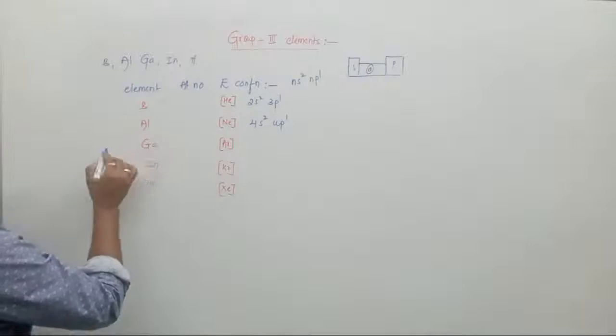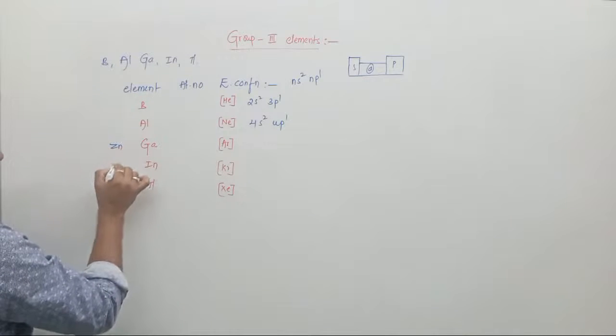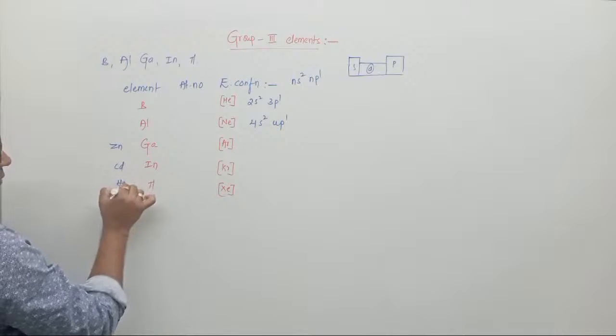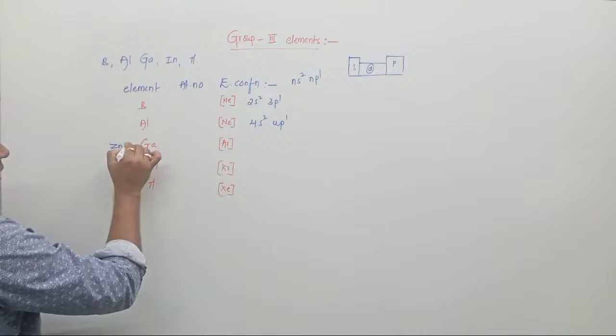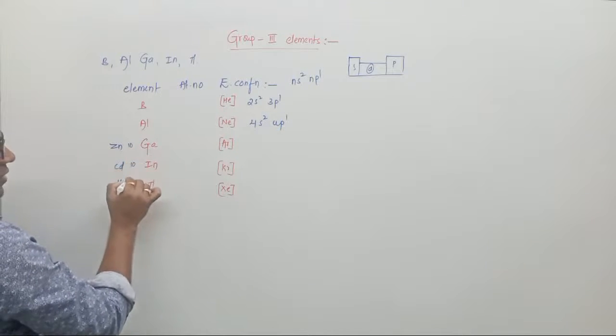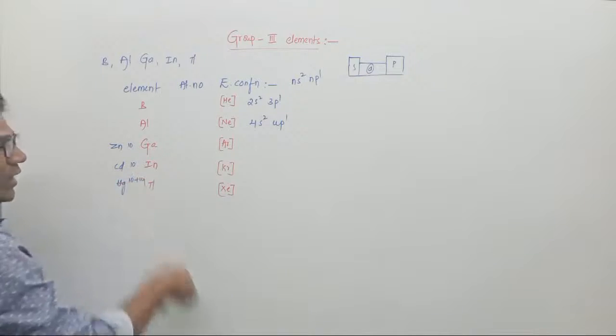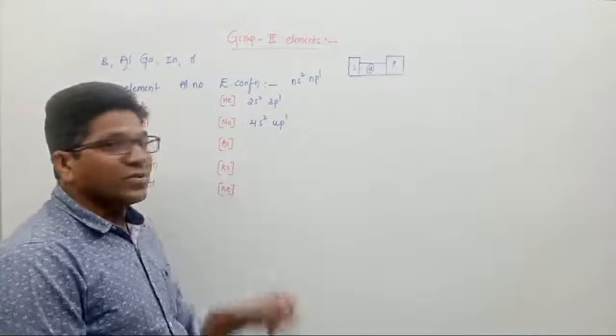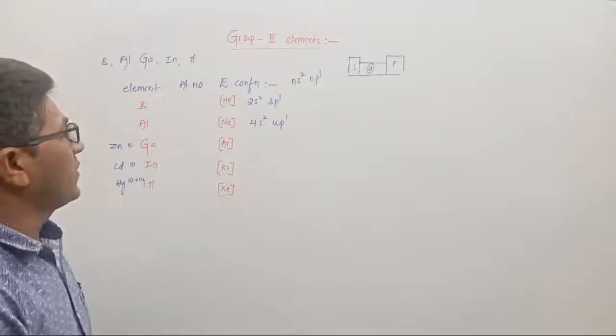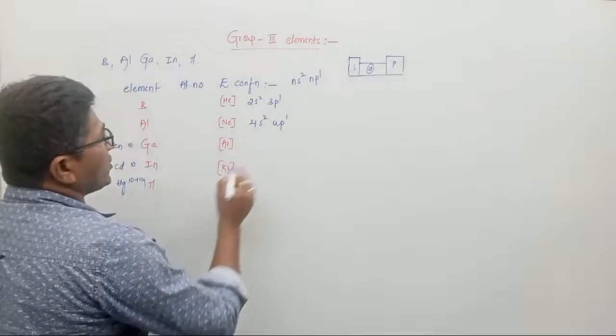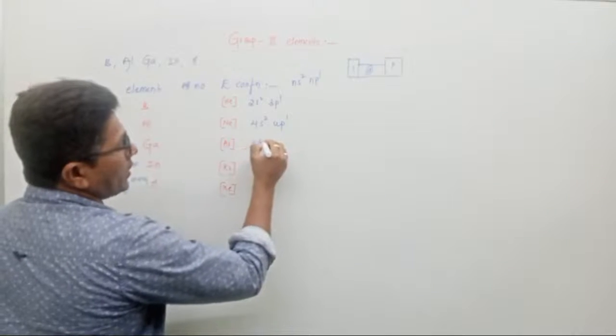Now here see the d block elements, zinc, cadmium, mercury. So extra 10 electrons. Here also extra 10 electrons. Here 10 plus 14 electrons. Now here see the configuration. 3d10.